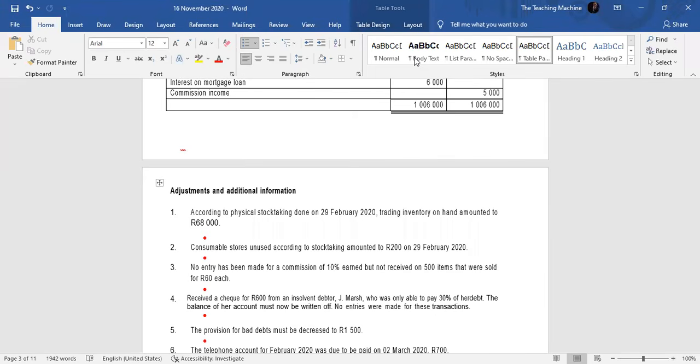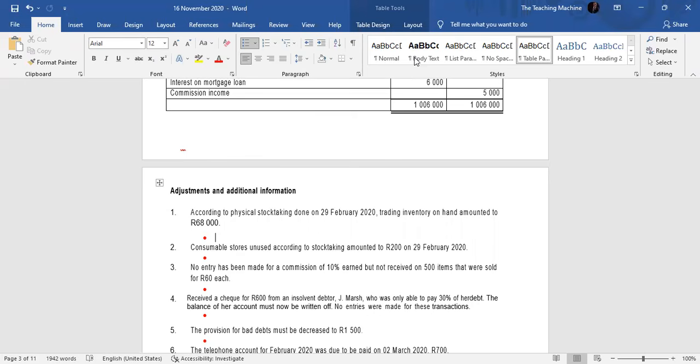Now, number one says, according to the physical stock taking done on the 29th of February, 2020, trading inventory on hand amounted to 68,000. Now, what should you do with this information and which section is more relevant when doing the statement of financial position?